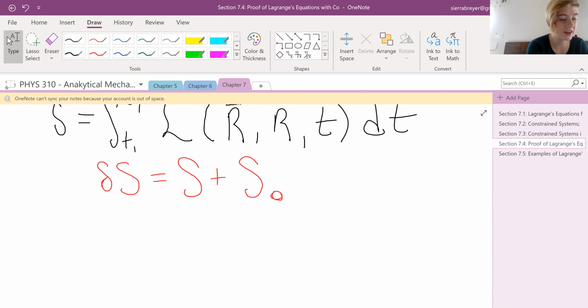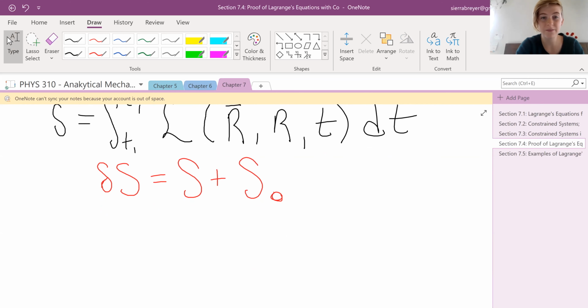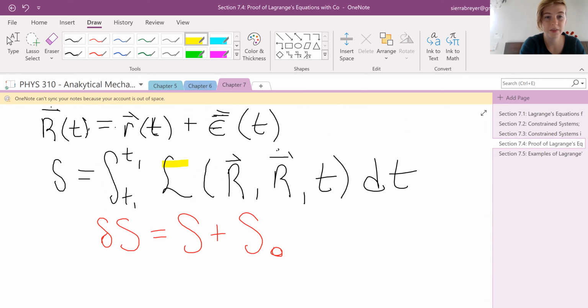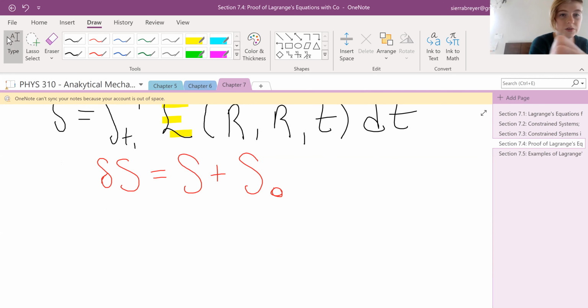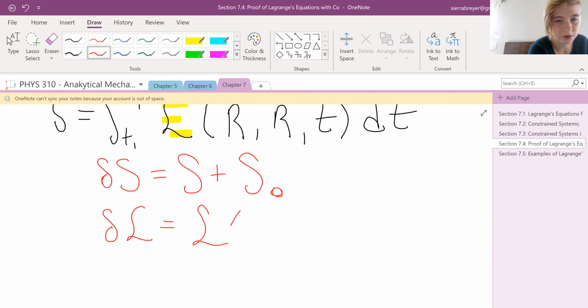And we can say that it's the same for the Lagrangian, that its change is going to be equal to the Lagrangian plus whatever the original one is. That's just your basic definition of change. So I'm going to write that down too. This is how the book denotes change, just so you know it's not the triangle.